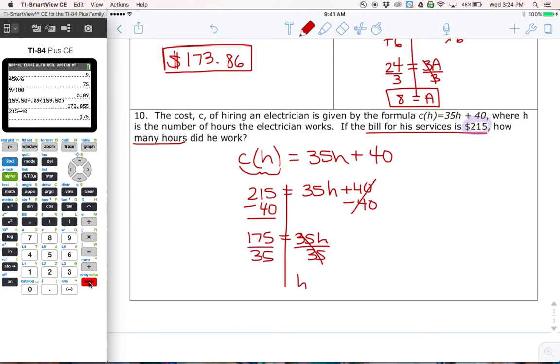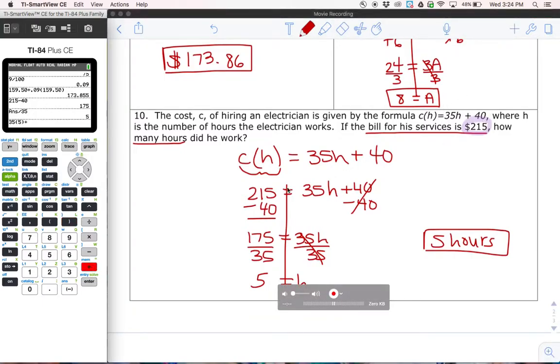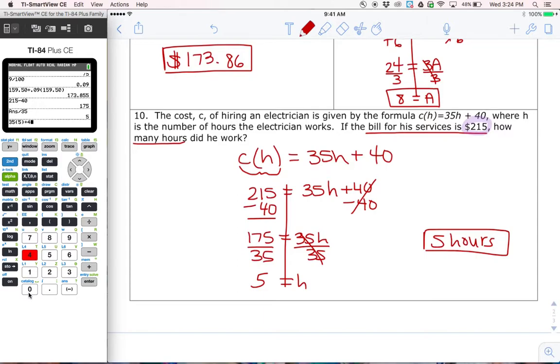So I've got H is equal to 175 divided by 35, 5. All right, so my answer must be 5 hours. Okay, this is also a really easy one to check because if I just multiply, it's 35 times 5 plus 40, I should get 215, do I? Okay, I do, so I know that I'm correct.